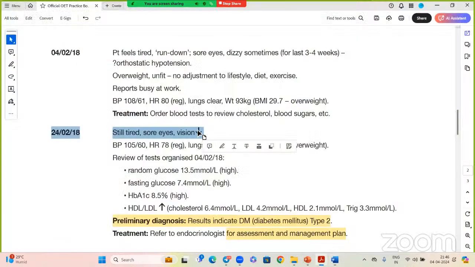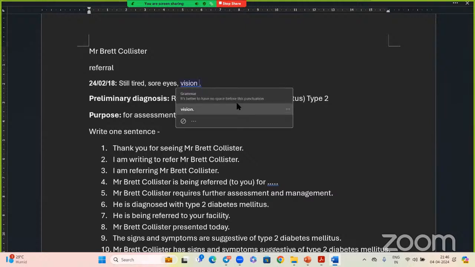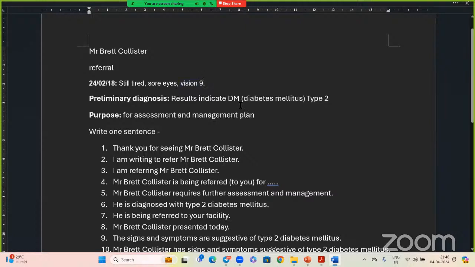So this is decreased, in brackets, decreased or reduced, reduced or worsening. Any word you can use. Just giving you options.